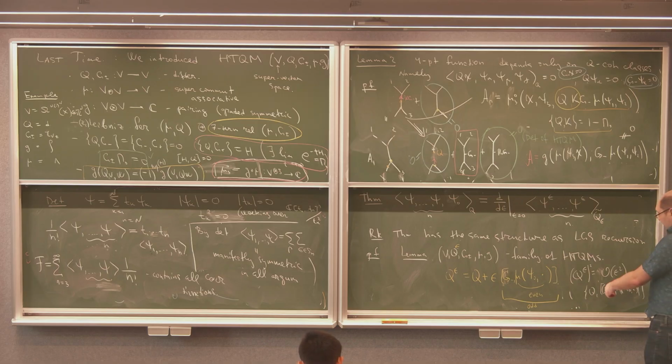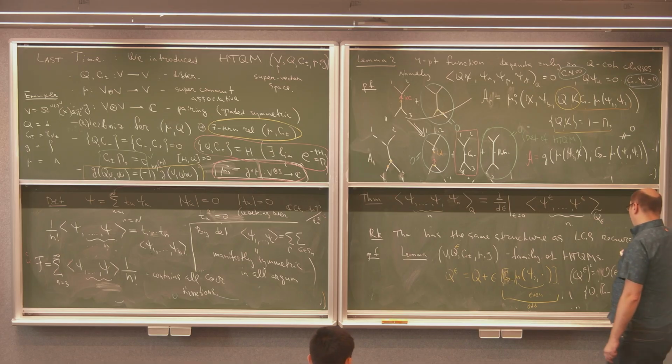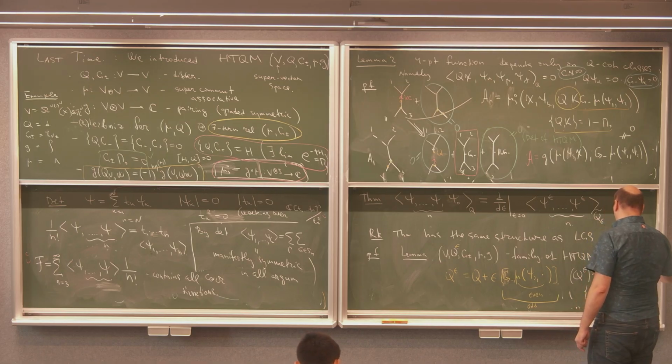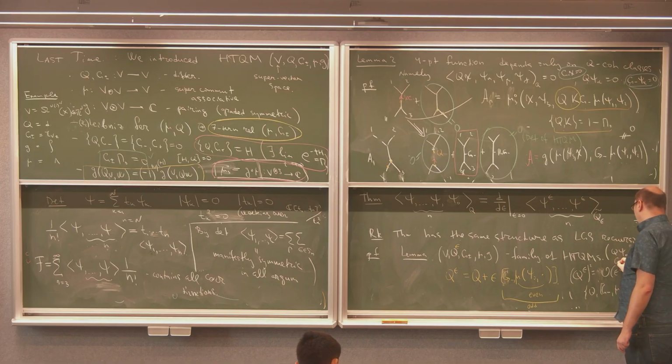Then we will use a graded Leibniz, graded Jacobi identity to rearrange this double supercommutator in a different way. In this rearrangement we would have Q acting on psi naught, and here we will assume that our state psi naught is both Q and G minus closed.